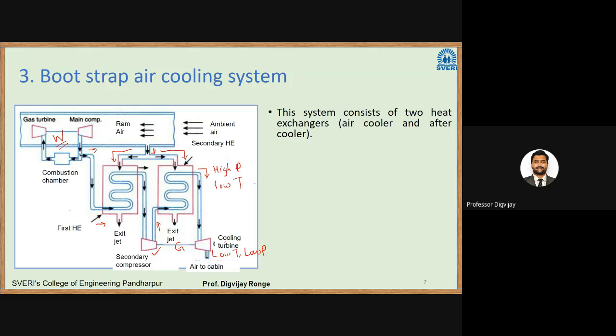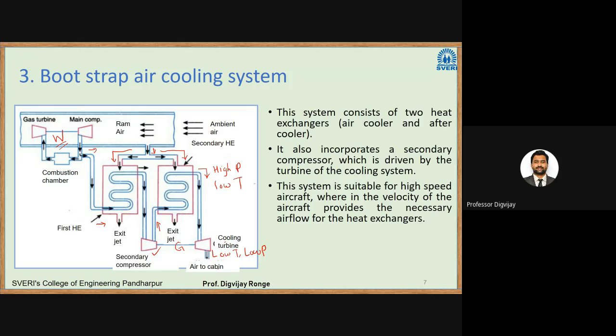This system consists of two heat exchangers. The first is called the air cooler, the second is the after cooler. It also incorporates a secondary compressor which is driven by the turbine of the cooling system. This system is suitable for high-speed aircraft, where the velocity of the aircraft provides the necessary airflow for the heat exchanger. The velocity of the ram air is a byproduct of the velocity of the aircraft.